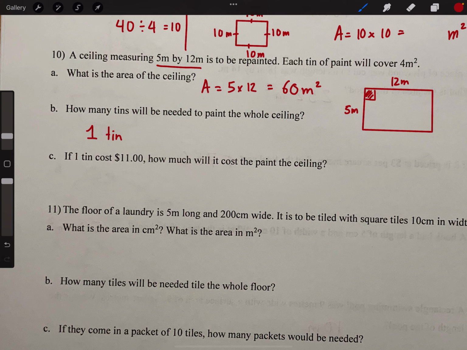This is how much 1 tin will paint. So how many tins are you going to need? I don't know how many, but to work it out, we take 60 square meters, which is how much area we have altogether, and divide it by 4 square meters to see how many tins. You can work that out.